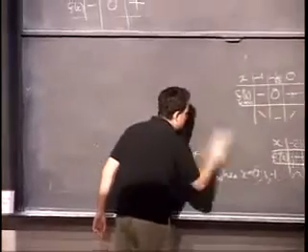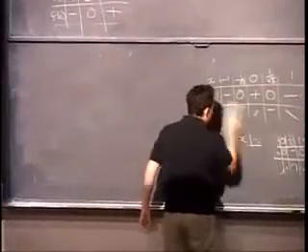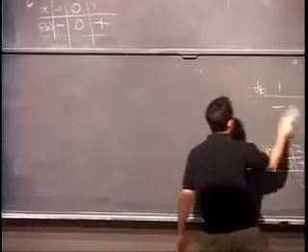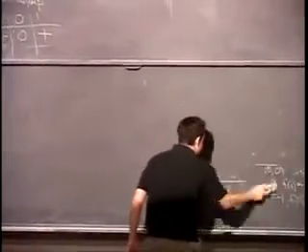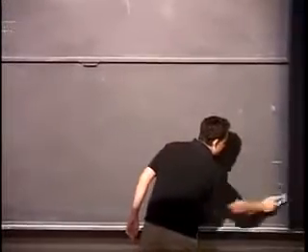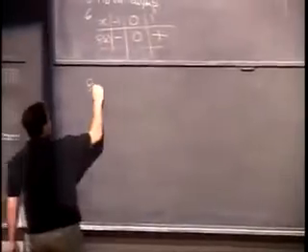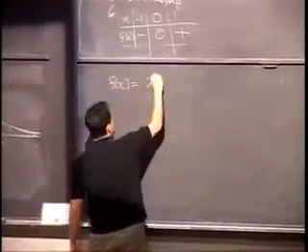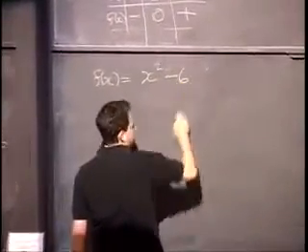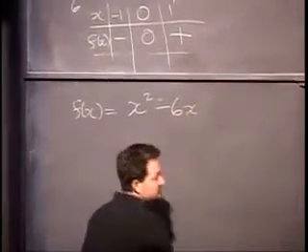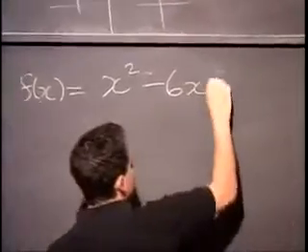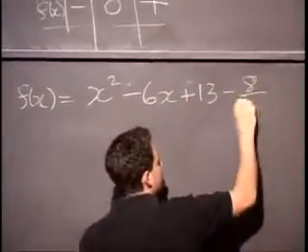Now, rather than use the quotient rule on the original function, I am going to use the form that we've just seen in the limit when we divided by x. That's the easiest way to differentiate. So let's write f of x in that same way as x squared minus 6x plus 13 minus 8 over x.